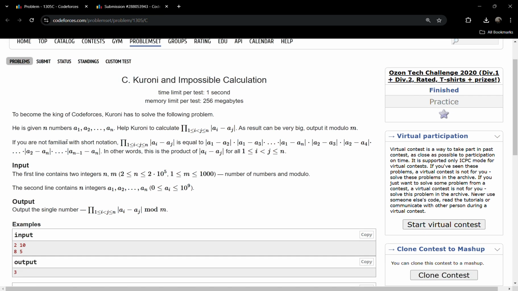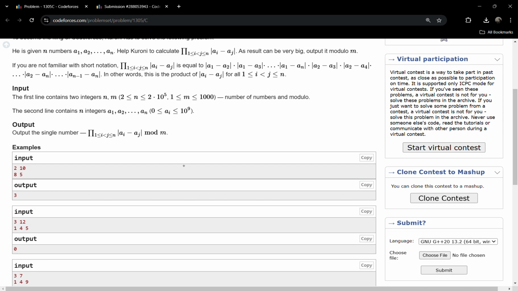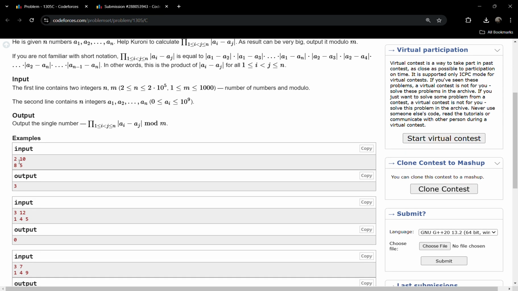This is just the definition of the cyclic product, and let us take a look at some example test cases. In the first test case, n is equal to 2, m is equal to 10, and the numbers are 8 comma 5.